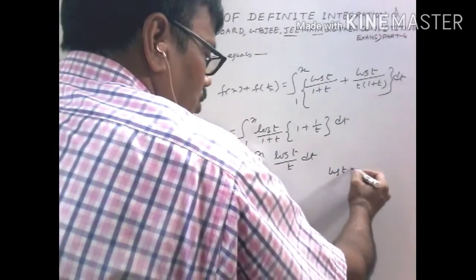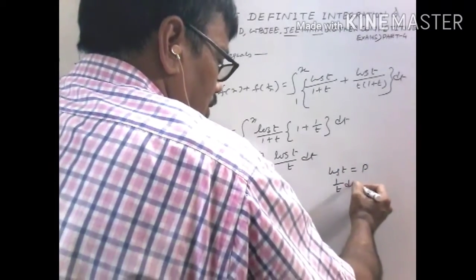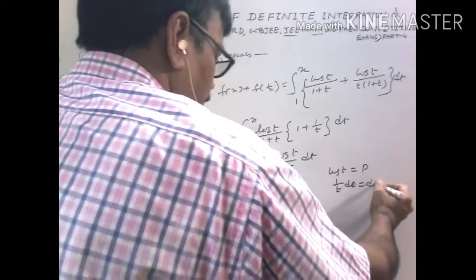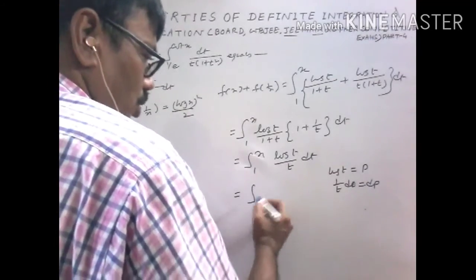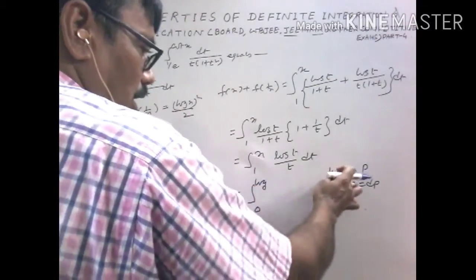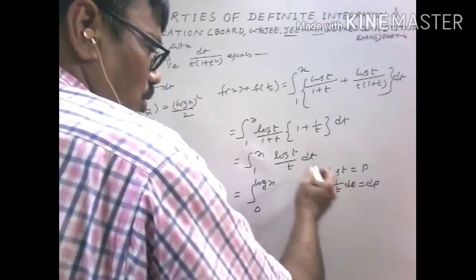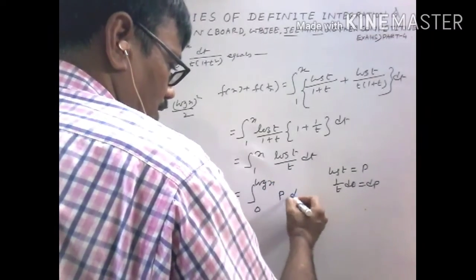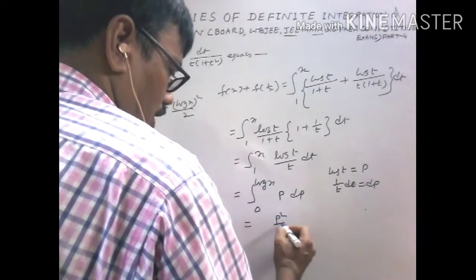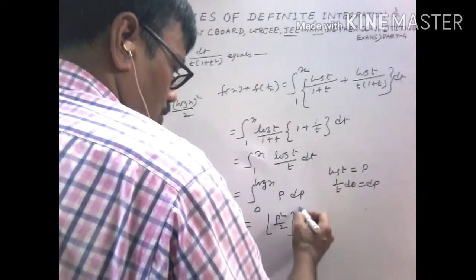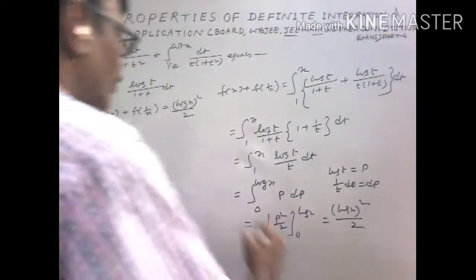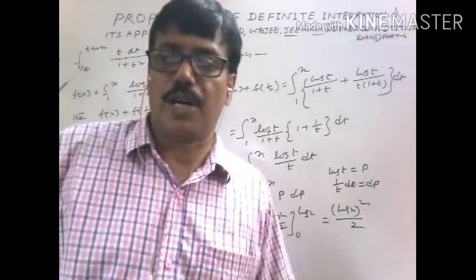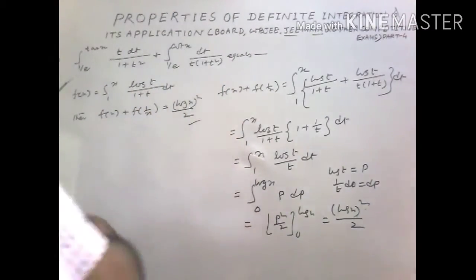Because if we put log t equals p, then 1 by t dt equals dp. Log 1 is 0, and the upper limit p is log x. So log t is p, so p dp. This is p square by 2, from 0 to log x. So (log x) whole square by 2.